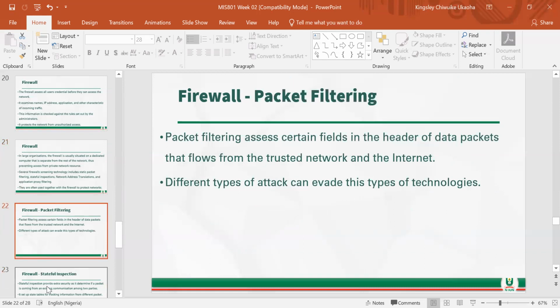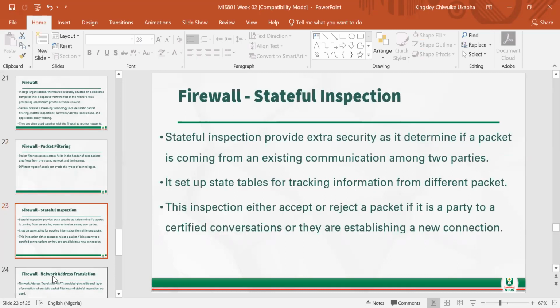Packet filtering. Packet filtering assesses certain fields in the header of a data packet that flows between a trusted network and the internet. Different types of attack can evade this type of technology. Stateful inspection provides extra security as it determines if a packet is coming from an existing communication between two parties.